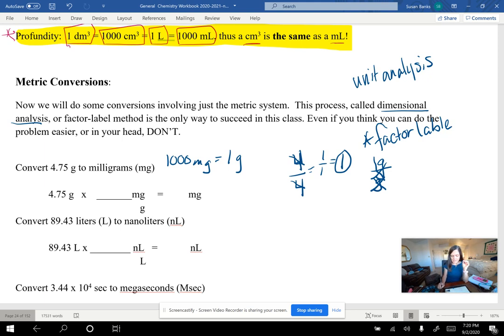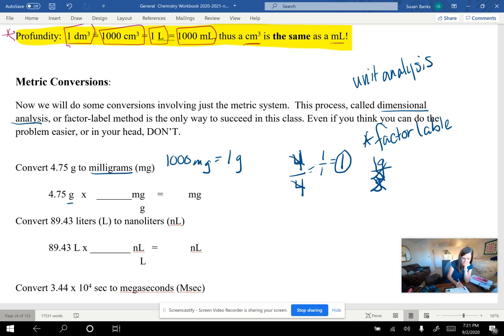Okay, so the name of the game with dimensional analysis or unit analysis is making sure that on one side of the problem, we have the unit on the opposite side of our next step. So we're trying to cancel out units to get into the unit that we want. So I am starting in grams. That means I want to cancel grams out, and I'm asking about milligrams. So I want milligrams to be on the top of my last step.